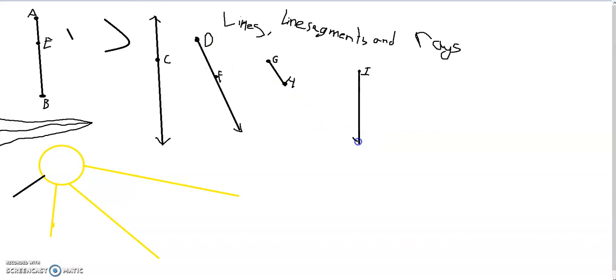Now, is this a line segment, a line, or a ray? If you said ray, good job. It is a ray. It has an endpoint, I, but in the other direction, it goes on forever.